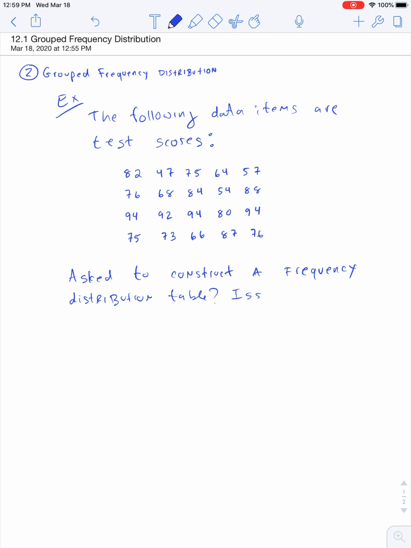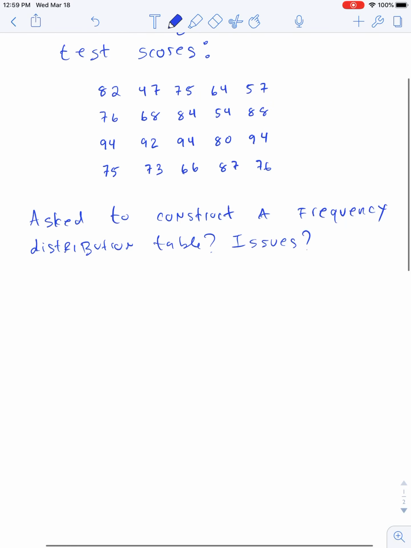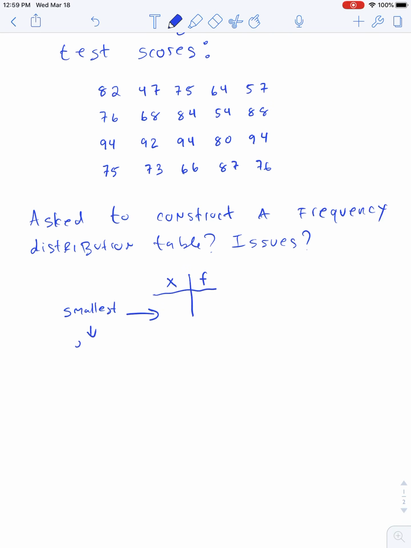Do you see any issues with that? Recalling that our frequency distribution table has our data scores on one side, frequency on the other side, and on this left side, we go from smallest to largest.